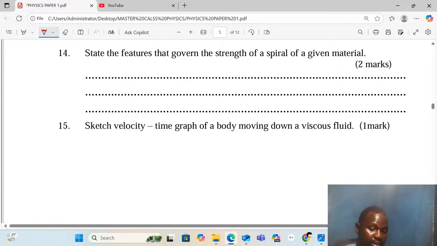So this is like asking what are the factors to consider on the strength of a spring.